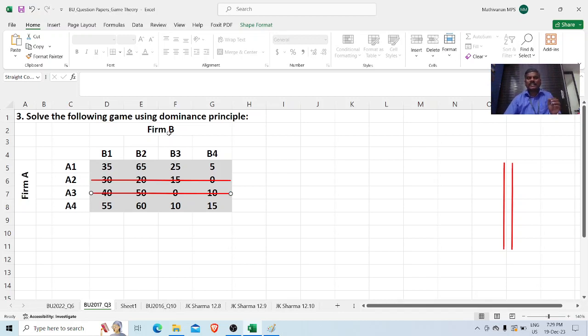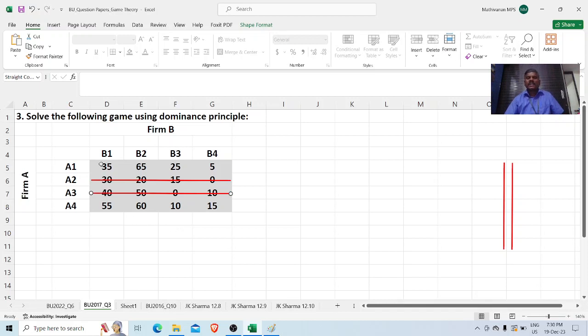We have to note that this matrix, from the point of view of firm B, is losses because all the values are positive values. When one player gains, the other player will lose.